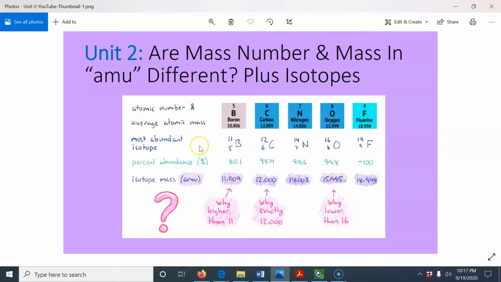The other thing is that because we are defining an AMU as 1/12 the mass of a carbon, that's why this is exactly 12.000, because 1/12 of a carbon is 1 AMU, and this has a total of 6 protons and 6 neutrons to equal 12. Again, this does also have missing mass, right?